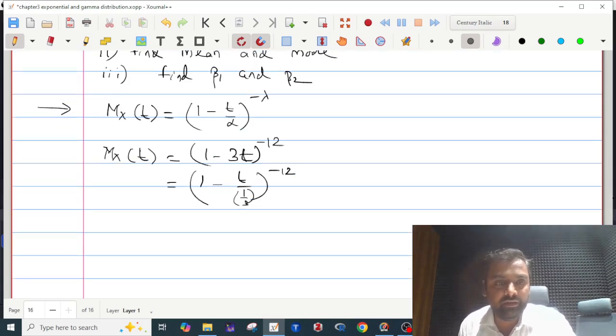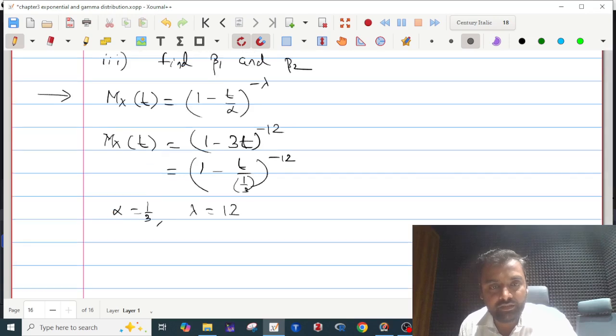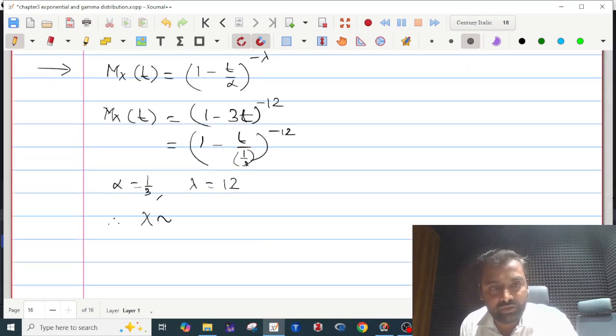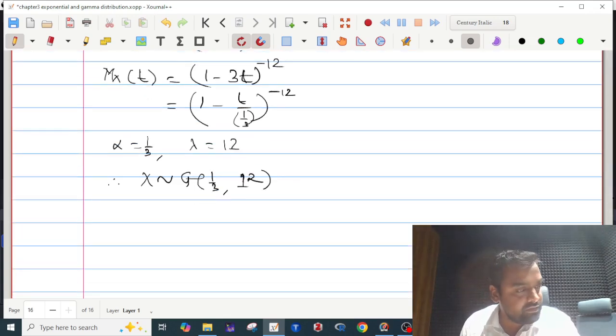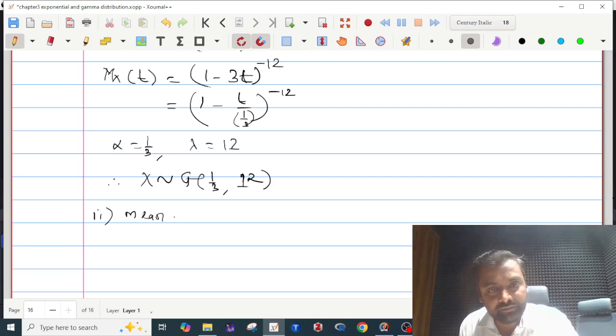So if you compare, you will get alpha is equal to 1 by 3, lambda is equal to 12. Therefore, x follows gamma distribution with parameters 1 by 3 and 12. The mean is lambda upon alpha.